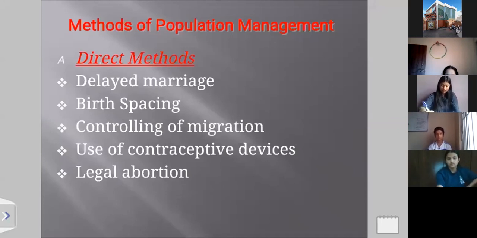Abortion means termination of pregnancy, and if women terminate the pregnancy, then it directly reduces the birth rate, right? So legal abortion is also one of the direct methods of population management.